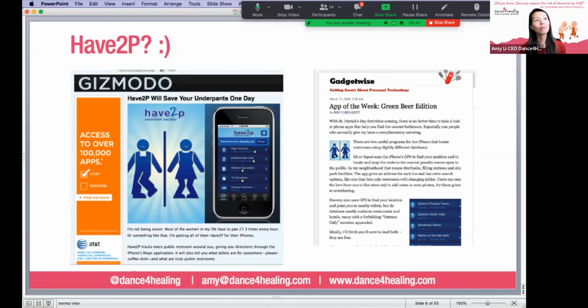So for example, in the case of Have to Pee, it was kind of funny, the joke is that within a week or two when the app launched, our data team had to put in a profanity filter because, bathroom, right?